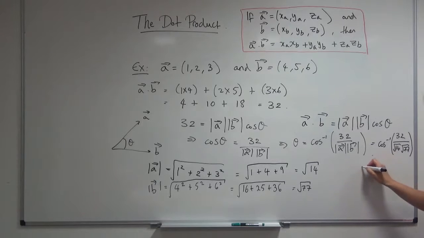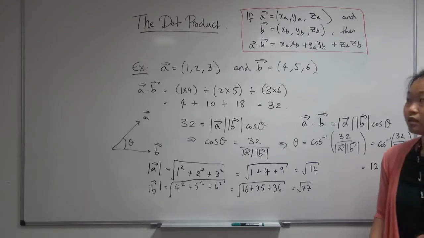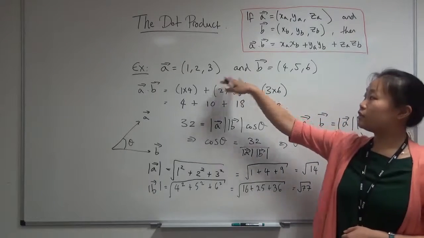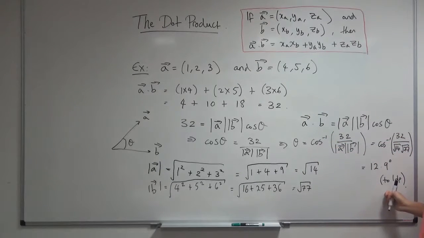And if we plug this into the calculator, what we should obtain is that theta is equal to 12.9 degrees to 1 decimal place. So this shows how we can calculate the dot product from two vectors in component form and how we can use that to find what the angle is between the two vectors.